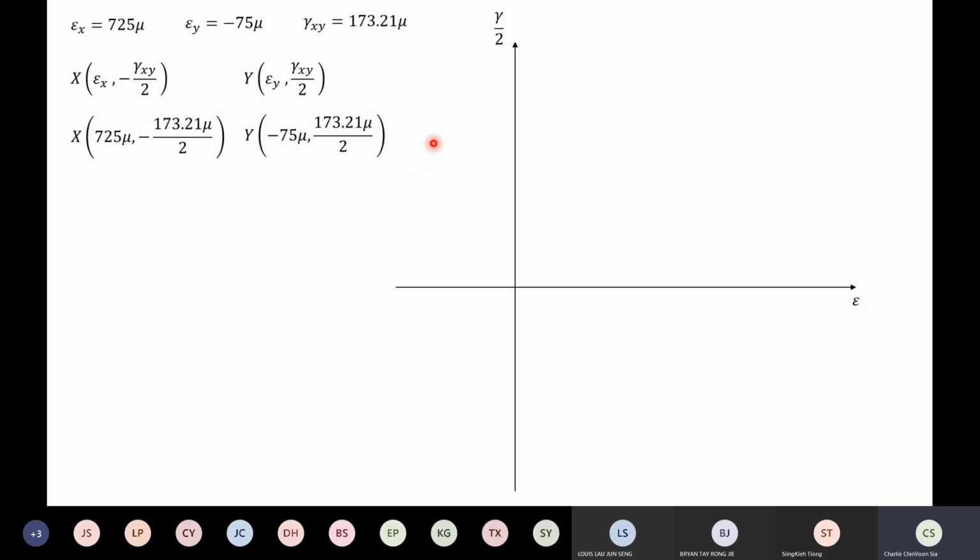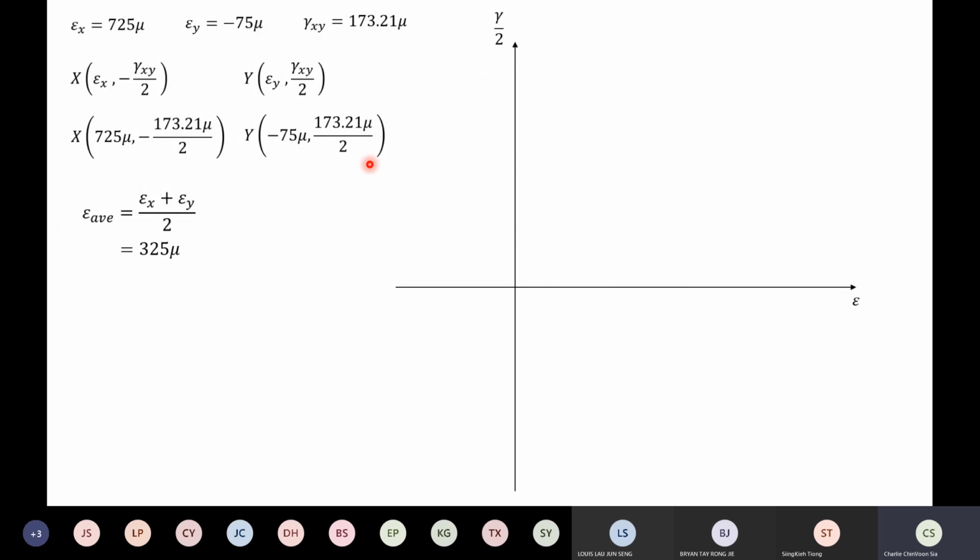After that, we calculate the center point of the Mohr circle, which is strain X plus strain Y divided by 2. The center point from the origin is 325 micro, somewhere here.